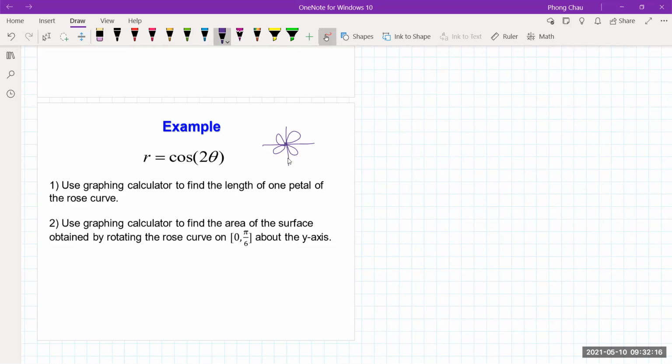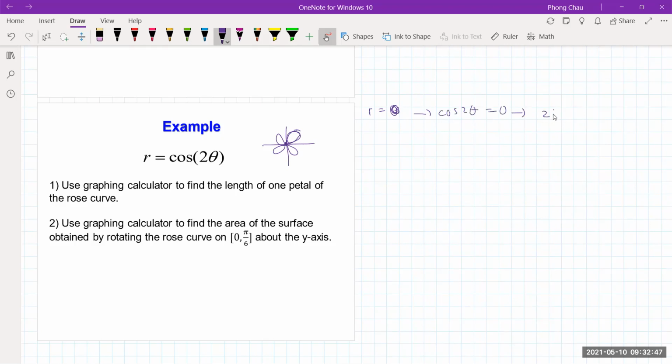So the first thing you need to find is the theta at the beginning and the end of the loop, where the theta runs. Since it begins and ends at the pole, this is where we set r equal to 0 and solve for theta. So we have cosine of 2 theta is 0.